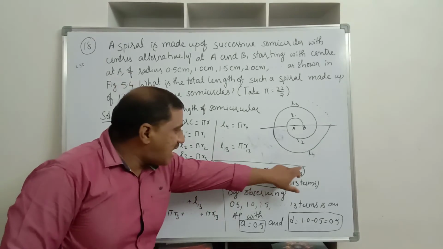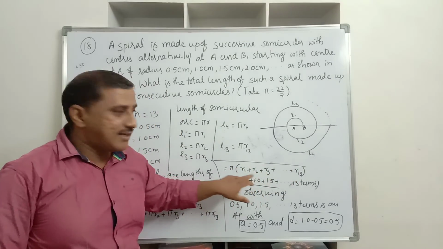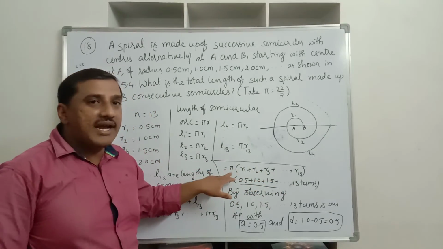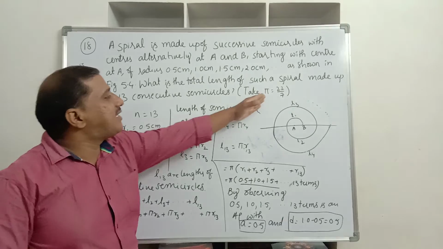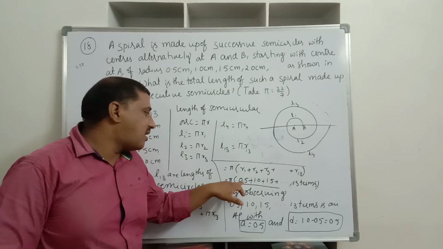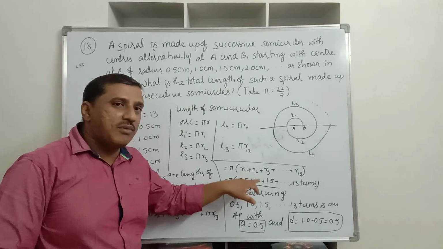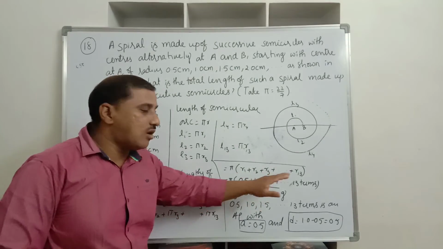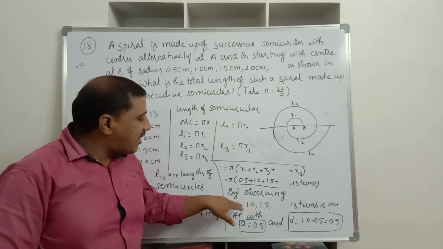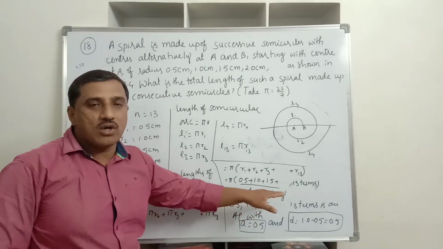Now the sum of the radii of the 13 semicircles is multiplied with pi. Pi, we know, is 22 by 7. So first you find the sum of the radii, that is 0.5 plus 1.0 plus 1.5 and so on, 13 terms.